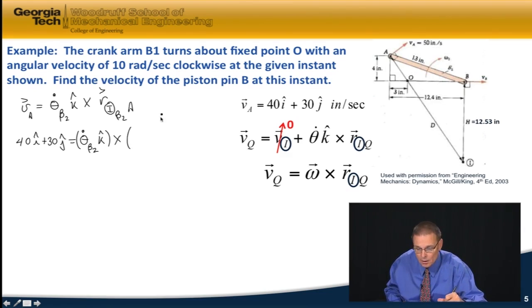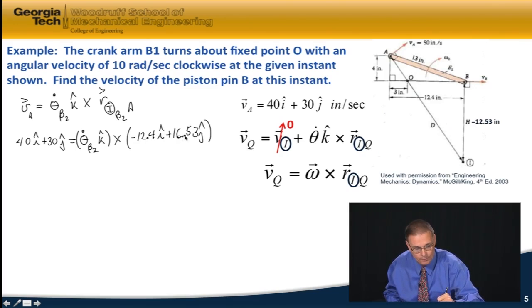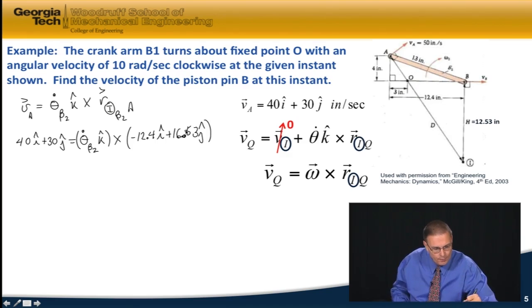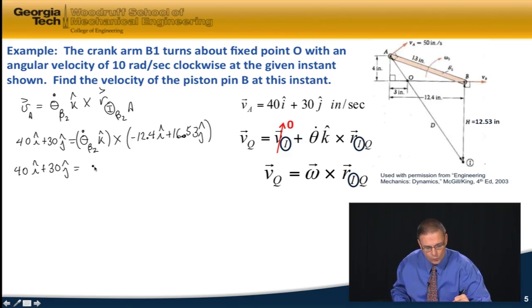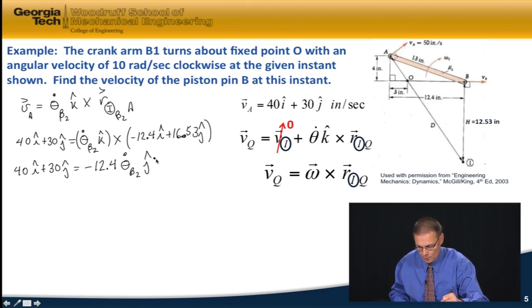So this is minus 12.4 I plus 16.53 J. And I can now do my cross products, so I get 40I plus 30J equals, let's see, K cross I is plus J, but I have a minus 12.4 times theta dot B2, so that's minus 12.4 theta dot B2 in the J direction.